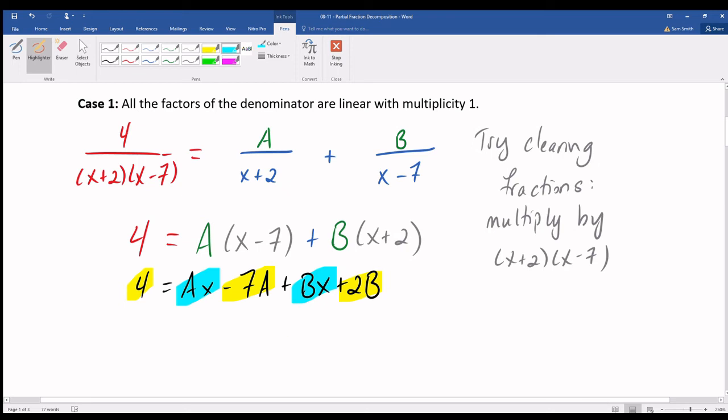And a and b need to be chosen in such a fashion that the left side and the right-hand side of this equation really are the same. What that means is that if I add together the amount of x's that I have on the left-hand side, that should match the number of x's that I have on the right-hand side. Namely, I don't have any x's.